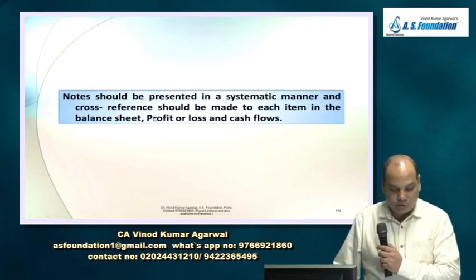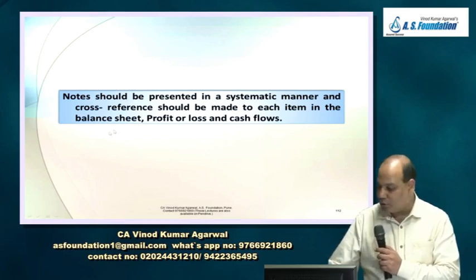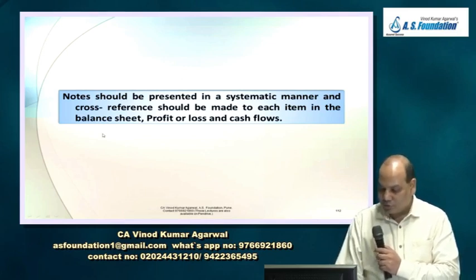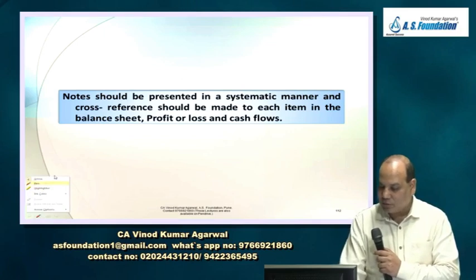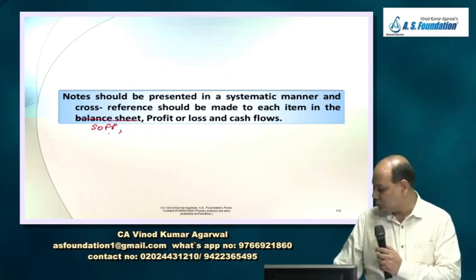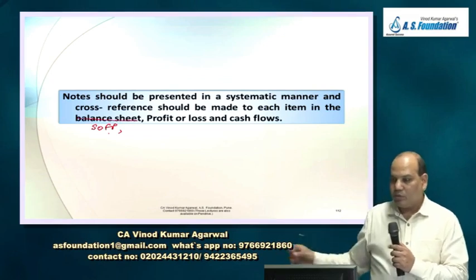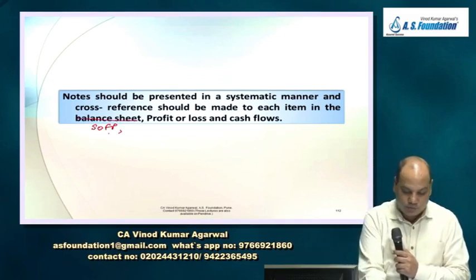Then I have written one general note. Notes should be presented in a systematic manner, and cross-reference should be made to each item in the profit and loss, cash flow, statement of financial position. It's written balance sheet here, you can just make it SOFP. What is the purpose of cross-referencing?